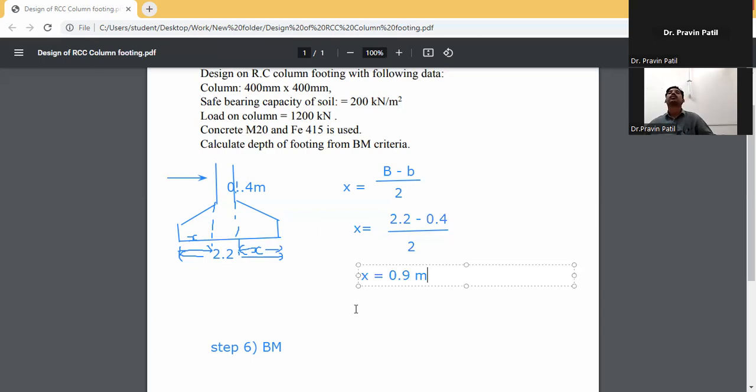Now because of cantilever action, the bending moment BM is equal to P x square divided by 2.